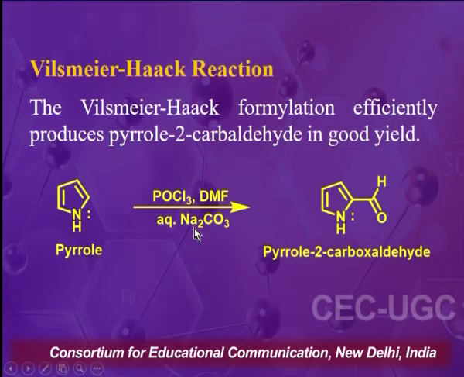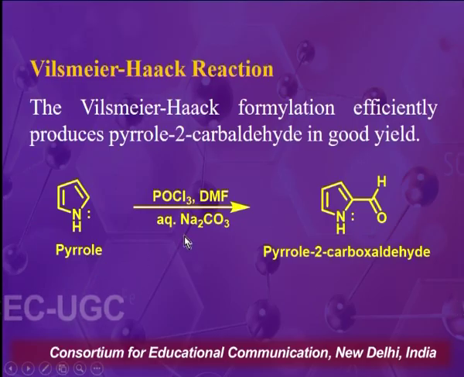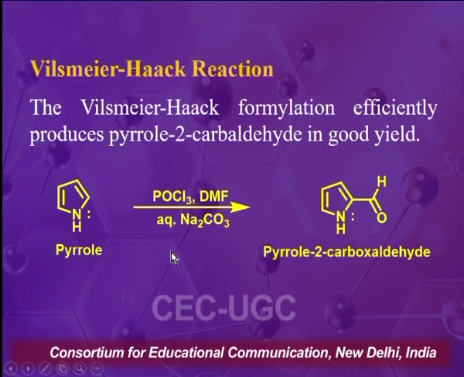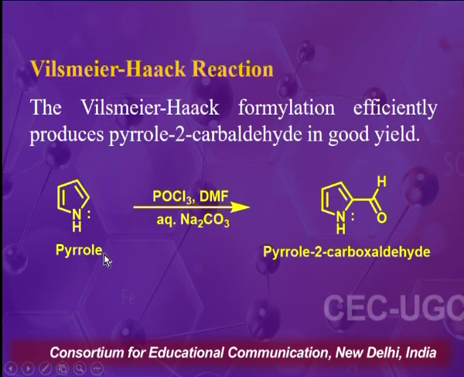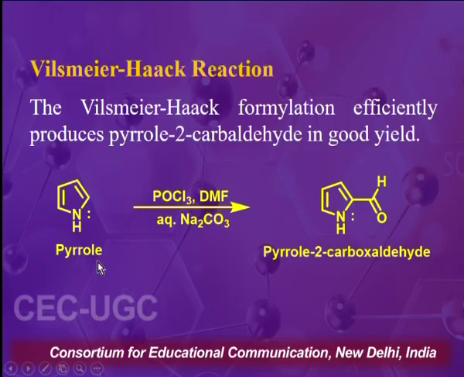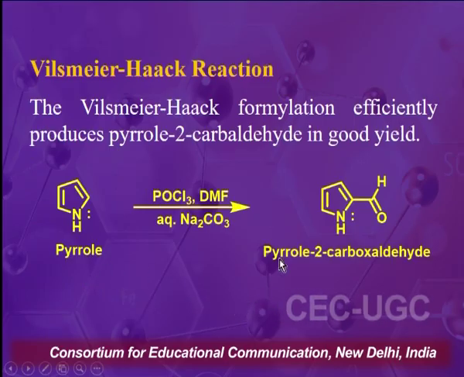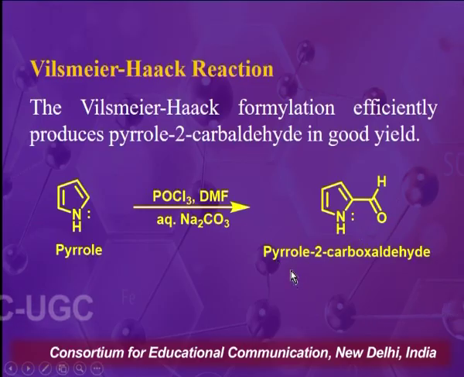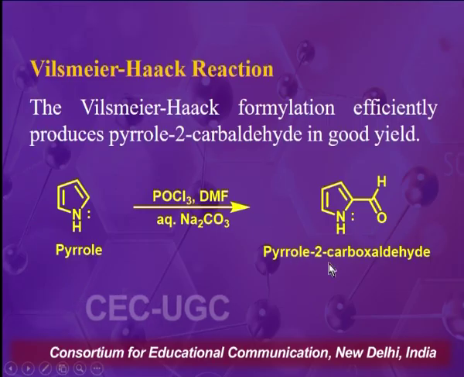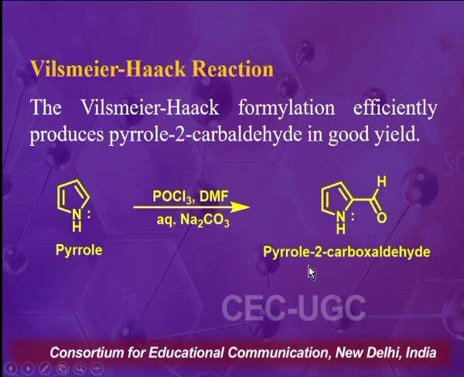So, we know that pyrrole is an aromatic system, and that is why we can do the Vilsmeier-Haack reaction on pyrrole. When the Vilsmeier-Haack reaction is carried out on pyrrole, we get the introduction of a formyl group at the C2 position and obtain pyrrole 2-carboxaldehyde as the product.